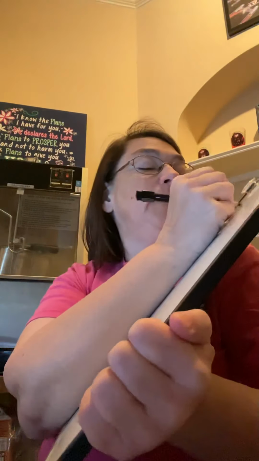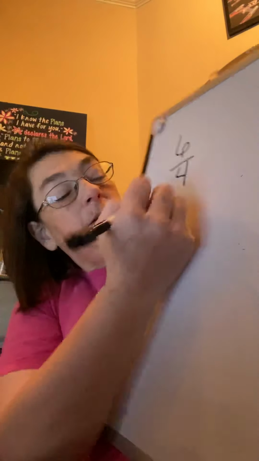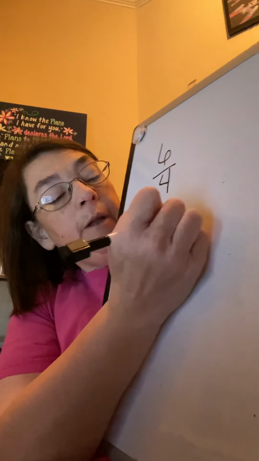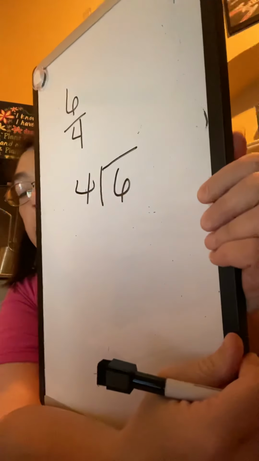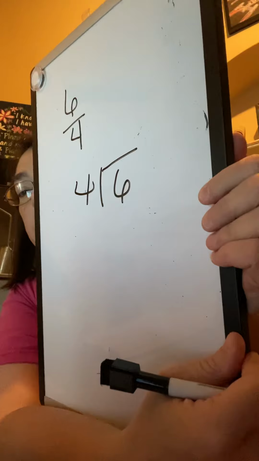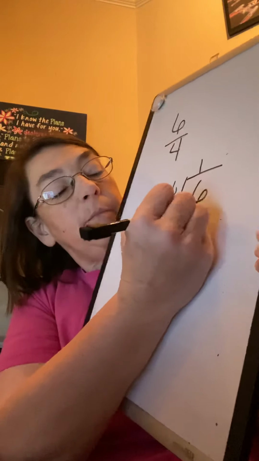What number are we on? We're moving to number 4 right now. Okay, number 4 is 6 over 4. Now I'm going to divide. 4 on the outside, 6 under. Okay, 4 goes into 6 one time.